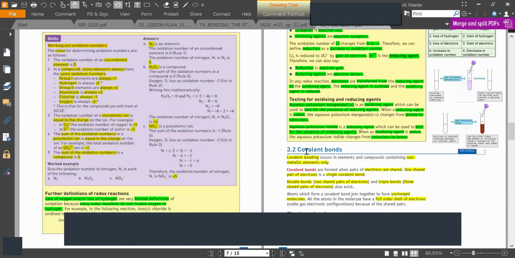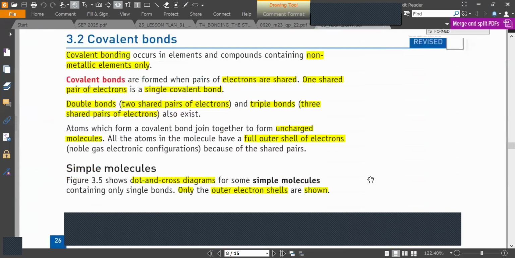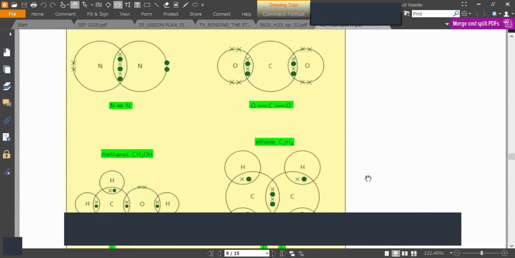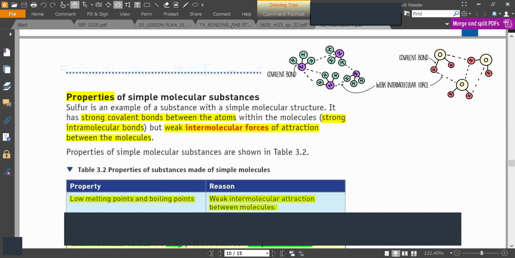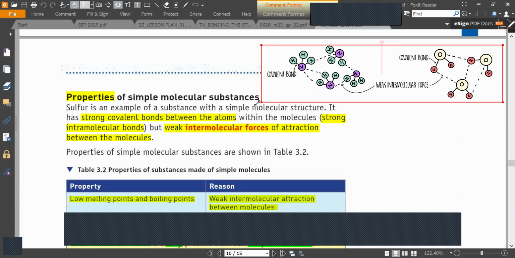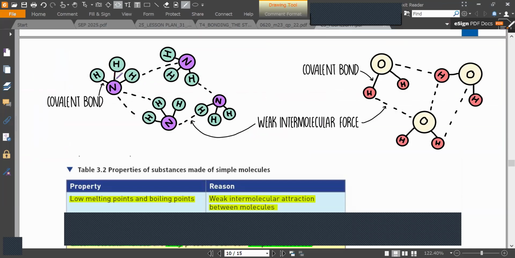Okay, so we can see here the covalent bond.